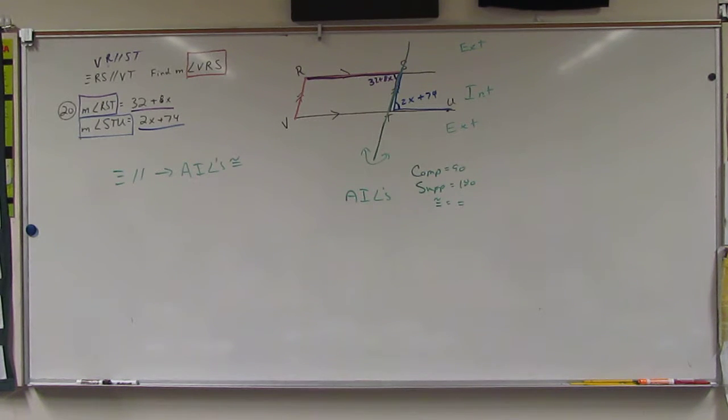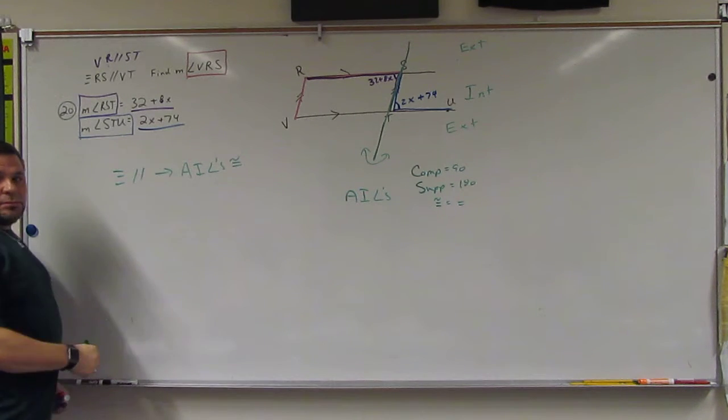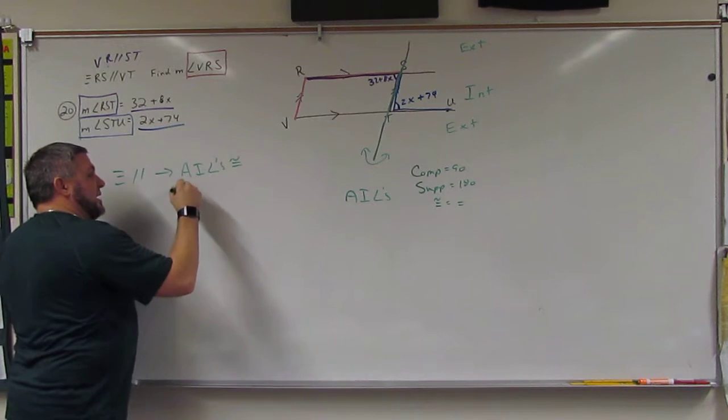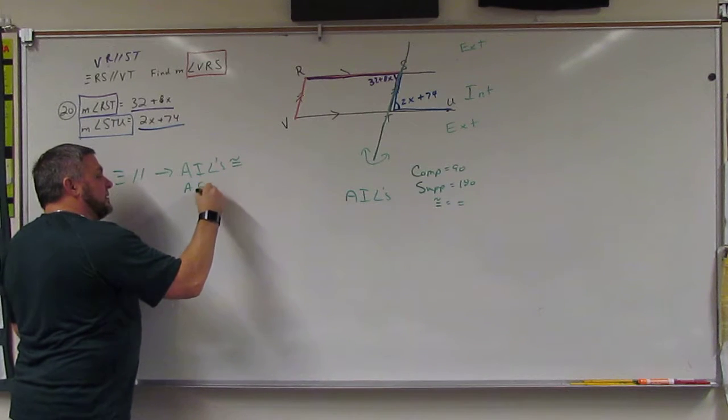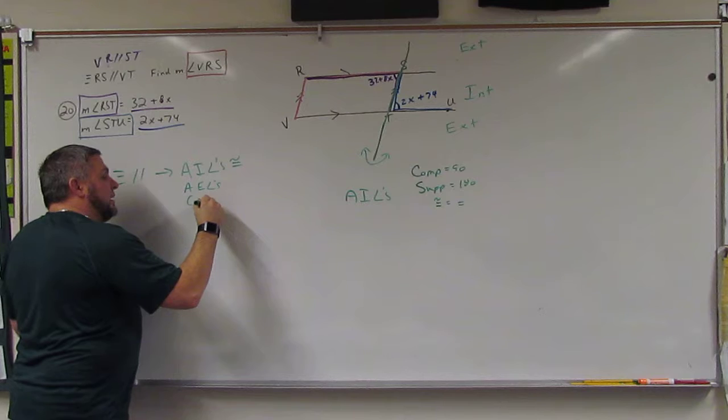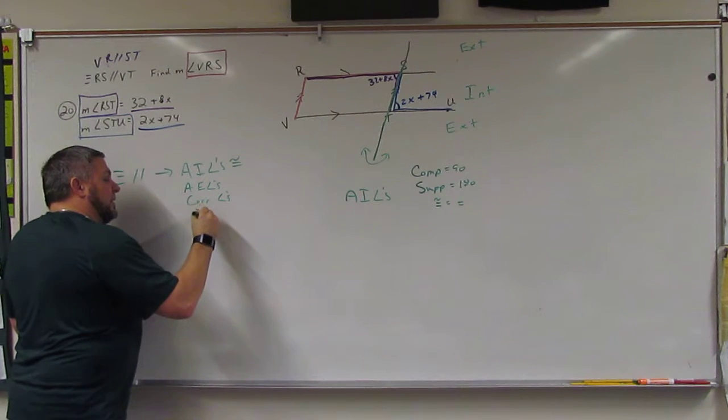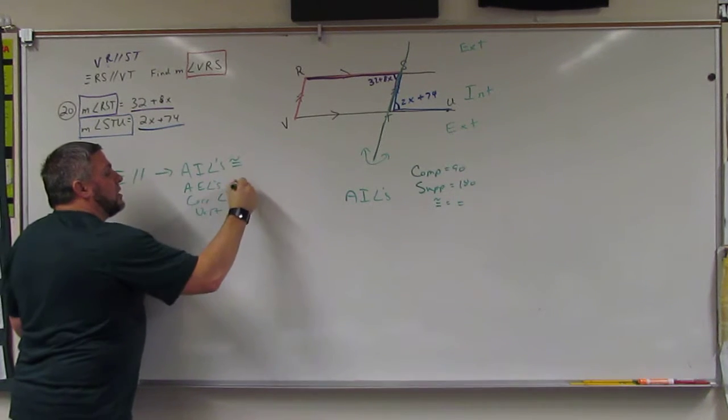What are the supplementary ones? Same side interior, same side exterior, right? Vertical angles are also congruent, right? So you should have that in your notes. Alternating interior angles, alternating exterior angles, corresponding angles, vertical angles. These are all congruent.